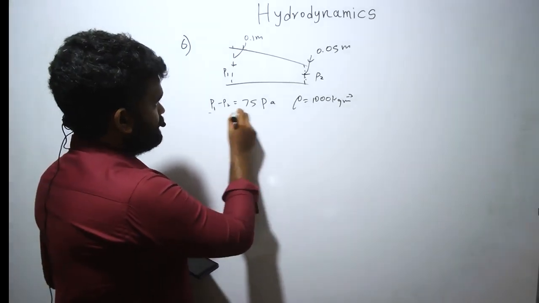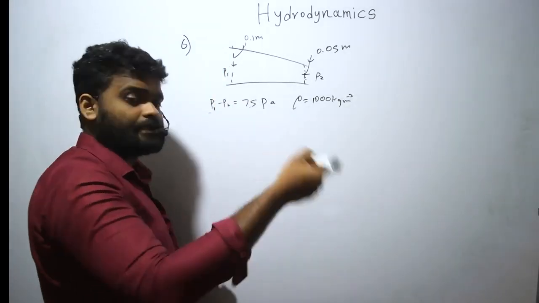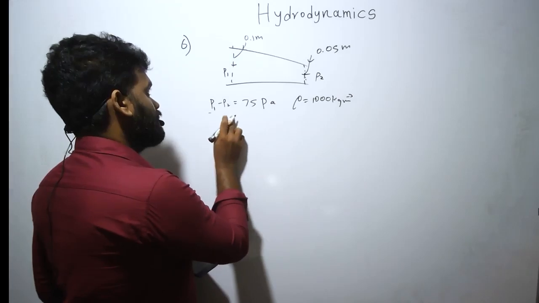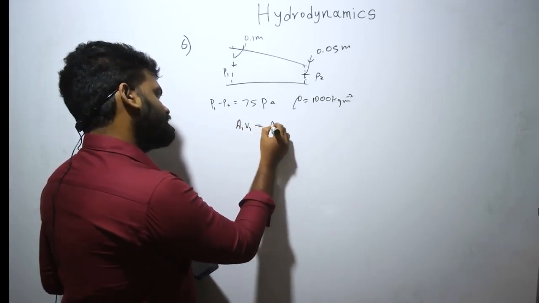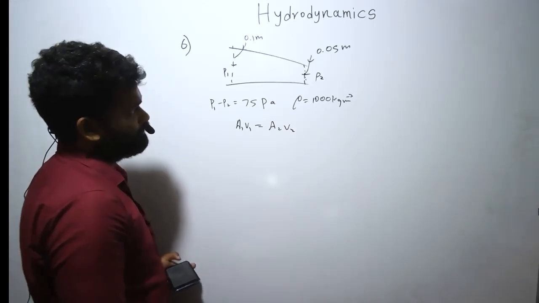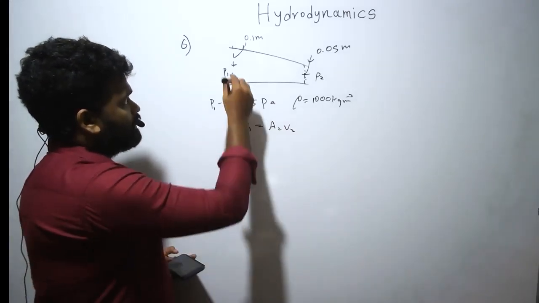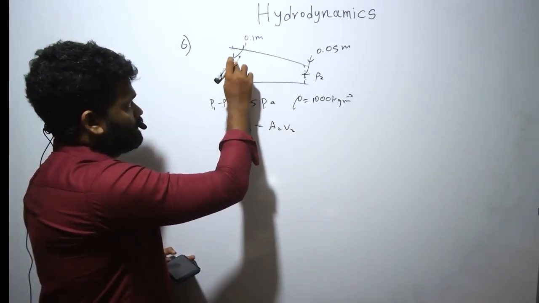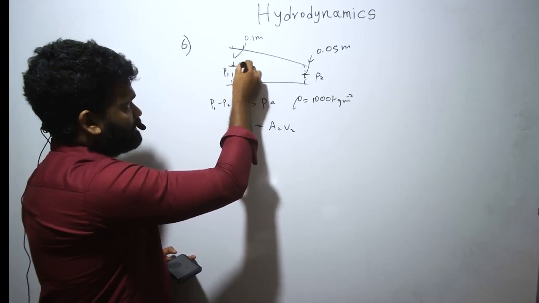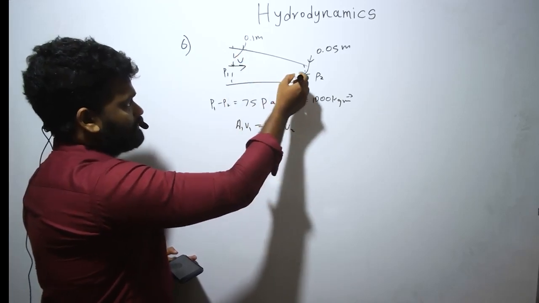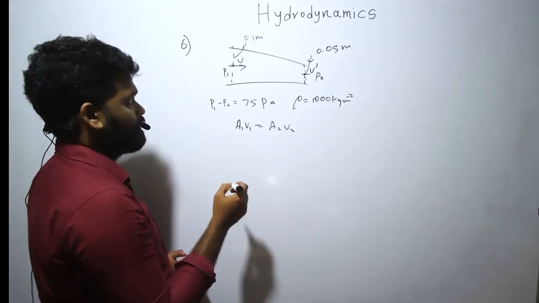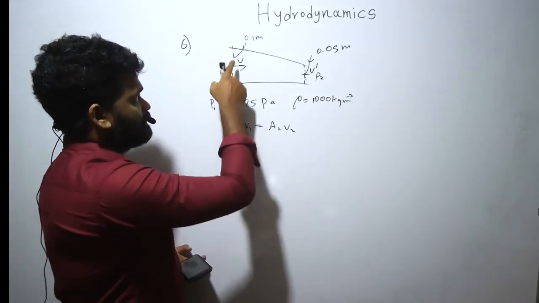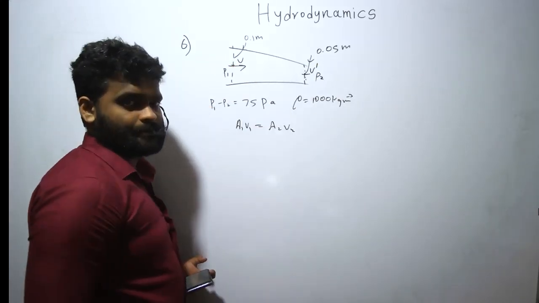So before all this, I'll just apply the continuity equation. A1 V1 equals A2 V2. I'll say velocity here is V, and let's say velocity here is V dash. So I need a combination between V and V dash.